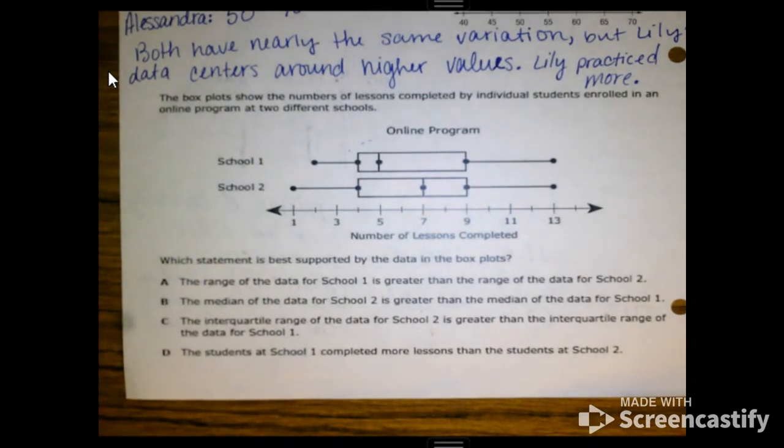The median is the one in the middle, right? Yes. Mhm.